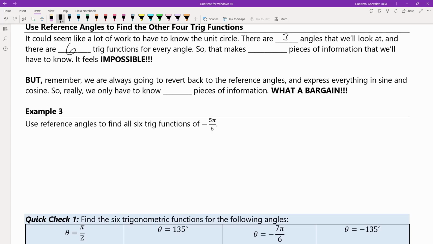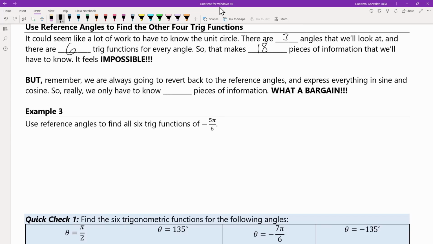So that makes just the 3 important ones times the 6 trig functions. That makes 18 pieces of information. Okay, that is a lot just for a piece of my unit circle. Got it?